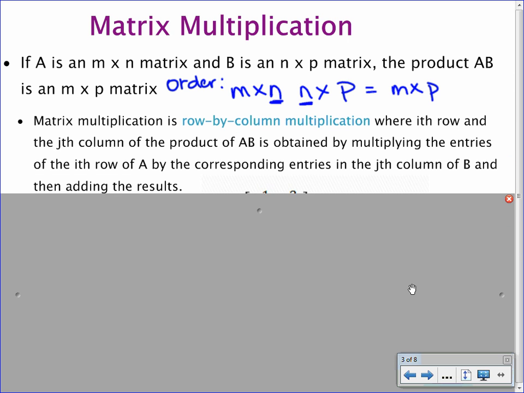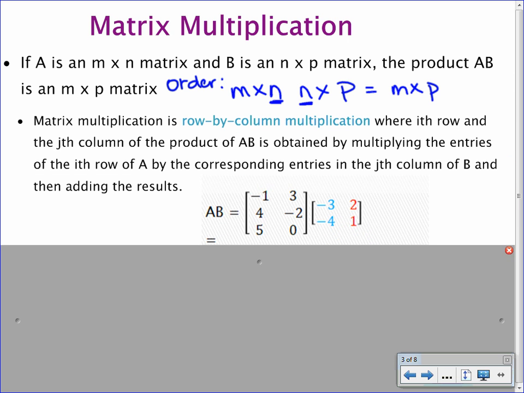Okay, so matrix multiplication is row by column multiplication. We're going to take a row by a column and multiply the entries and add them together. Whatever row we multiply to whatever column, that's the new place that number gets in the product matrix.